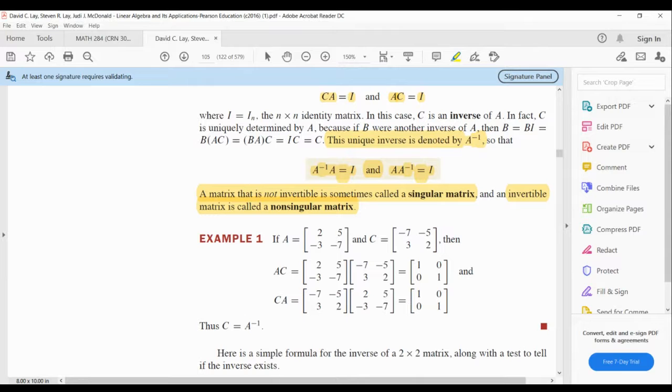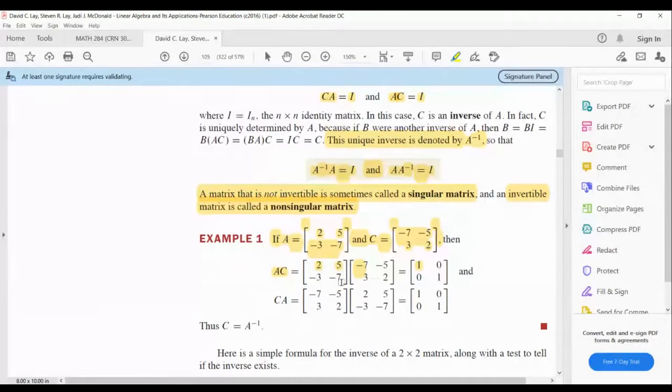So for instance, in example 1, they give two matrices A and C. If you do the row column rule for multiplying A times C, how do we get a 1 here? If we take the first row of the matrix A and the first column of the matrix C, 2 times -7 plus 5 times 3 equals 1.